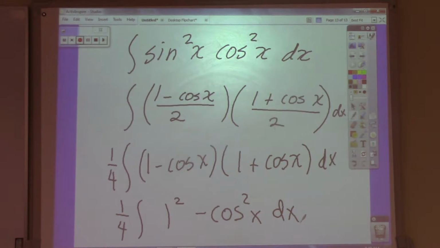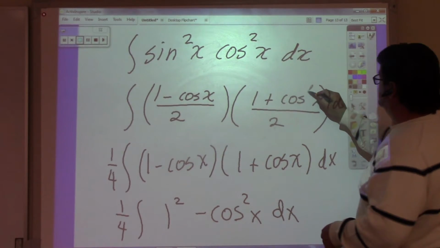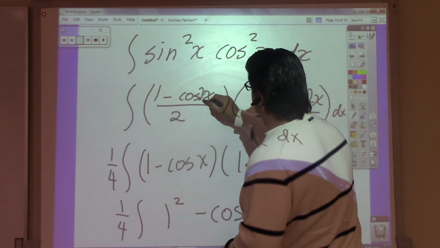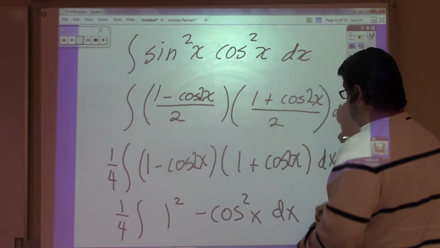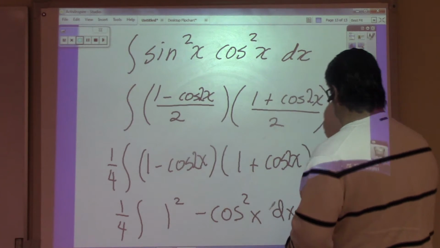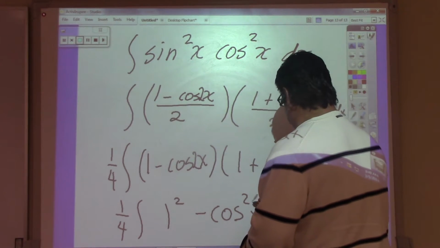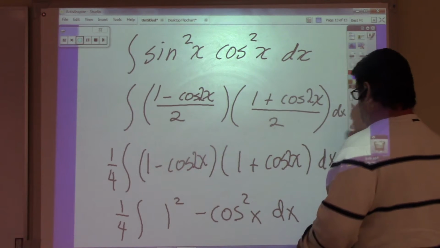That's cosine 2x, so I messed up. This is 2x by the identity. Cosine 2x squared, 2x. My bad.